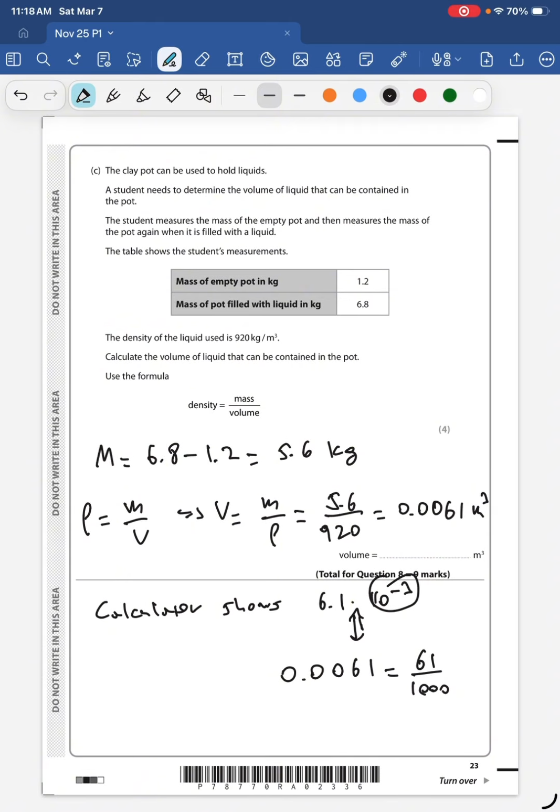When you see an expression 6.1 times 10 to the negative 3, it is equivalent to that. If it was 6.7 times 10 to the negative 4, you need 4 zeros. So 1, 2, 3, 4, and then 67, and you put the dot there. This is correct. And I mean, in case you don't know.